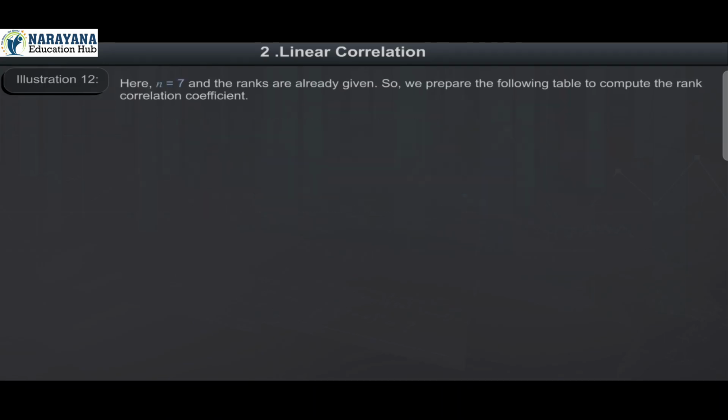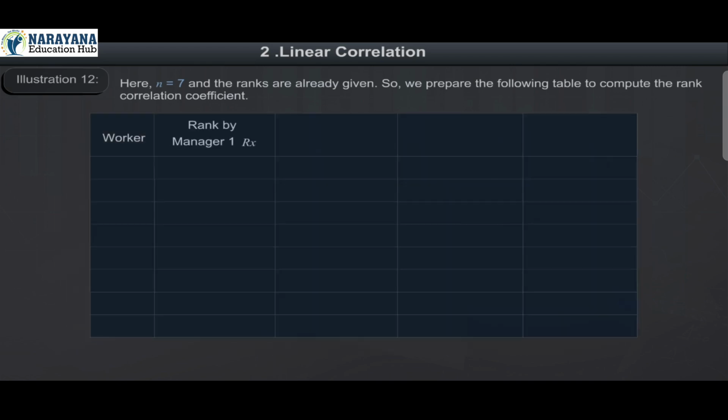Here n is equal to 7 and the ranks are already given. So, we prepare the following table to compute the rank correlation coefficient. Worker, rank by manager 1, Rx, rank by manager 2, Ry. D is equal to Rx minus Ry. D square. A 6, 7, minus 1, 1. B 7, 6, 1, 1.